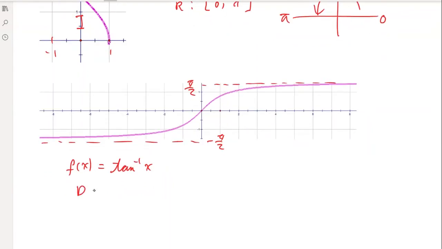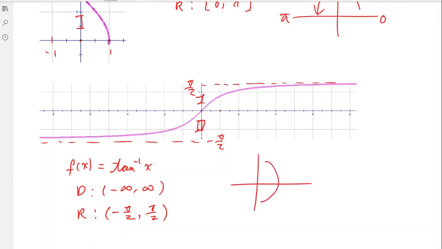Domain of this thing, of course, is everything, negative infinity to infinity. And then range of this thing, now we have to exclude the asymptotes. And quadrant 1 and quadrant 4. That makes sense to you? So on a unit circle, it's still that much, which is pi over 2 here and negative pi over 2. Good.